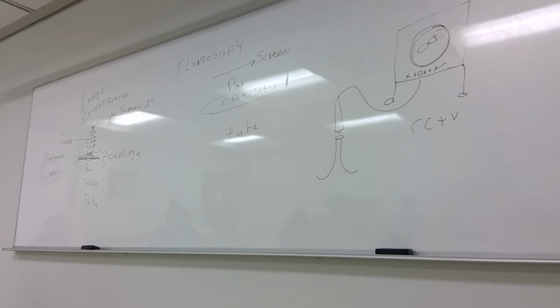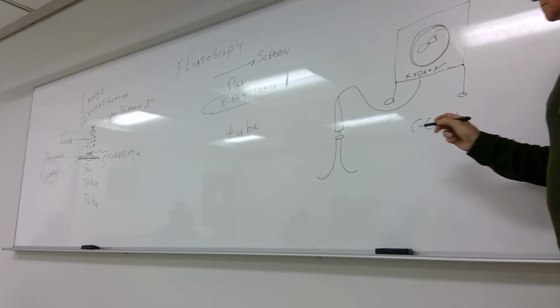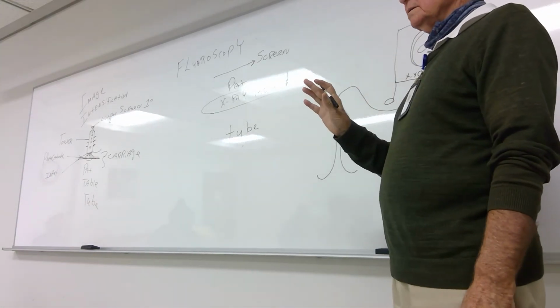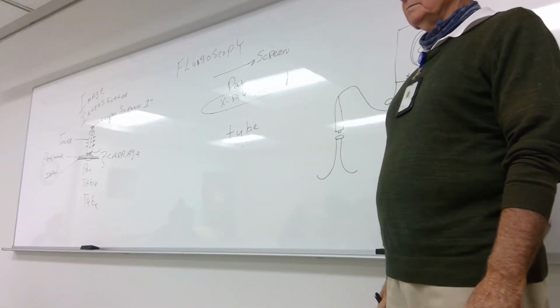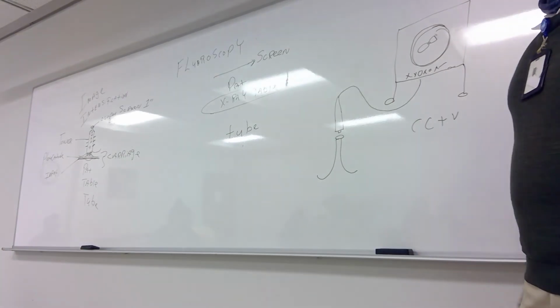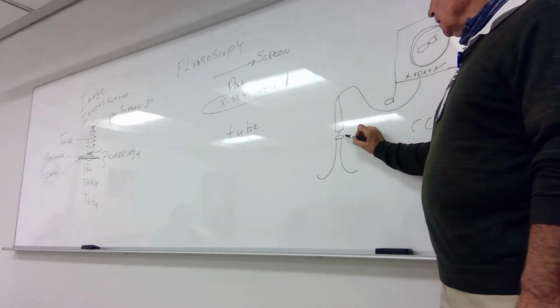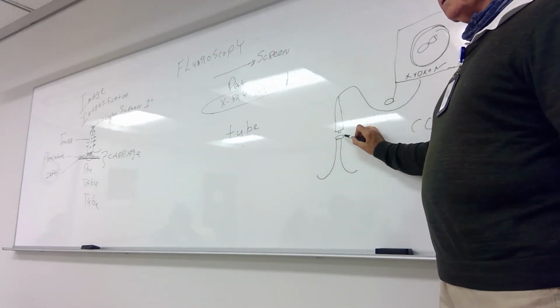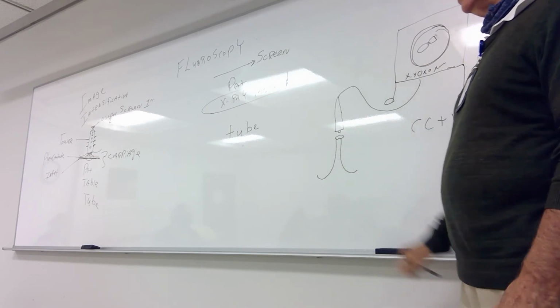Have you ever heard of somebody having a heart cath? Cardiac catheterization? They use this in that environment. When they first started to do it, they used black and white motion picture film and recorded it off the output phosphor.